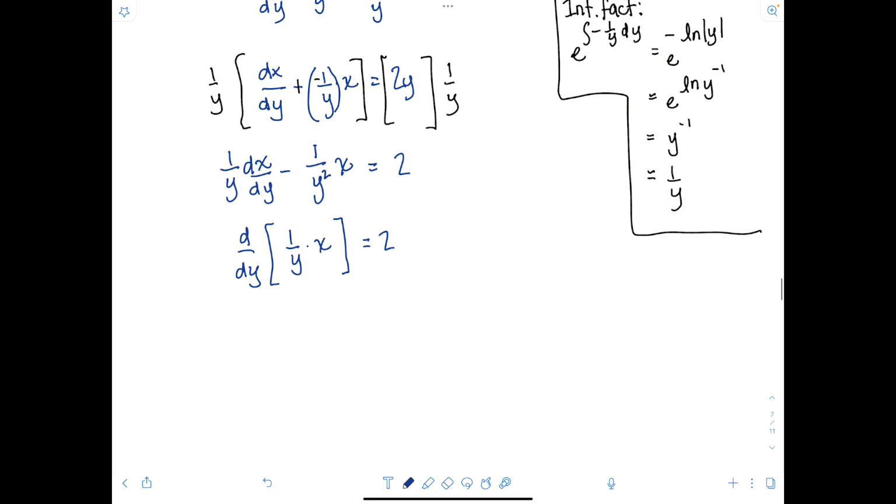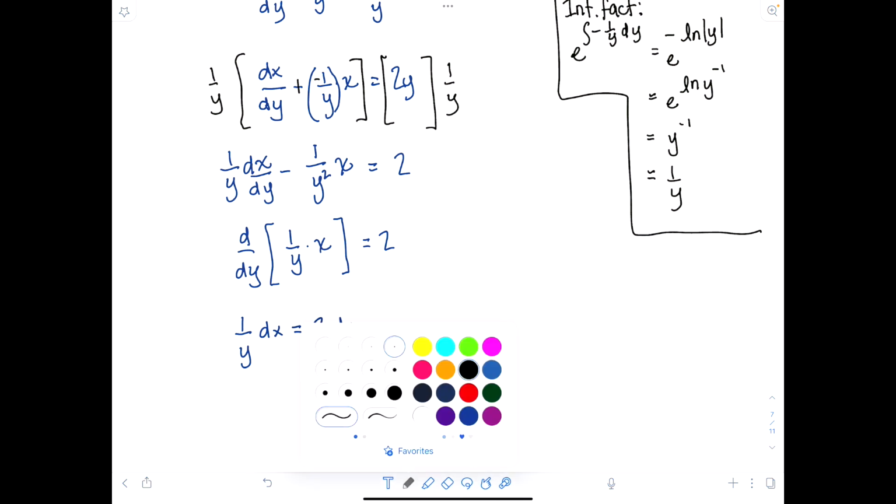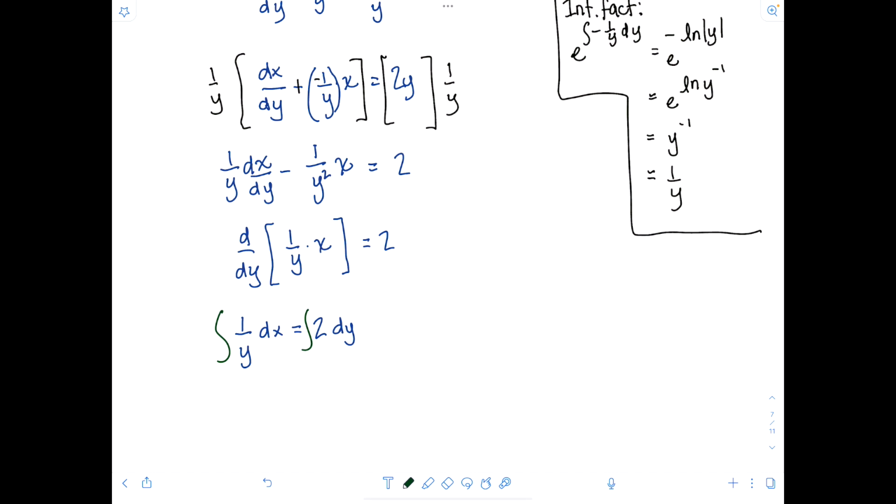So we have 1 over y dx is equal to 2 dy, multiplying both sides by dy, and then integrating with respect to x on the left and y on the right is going to give us x over y equals 2y plus c.